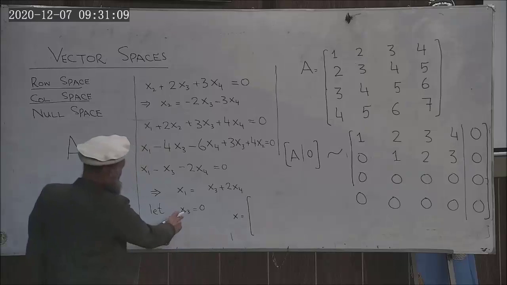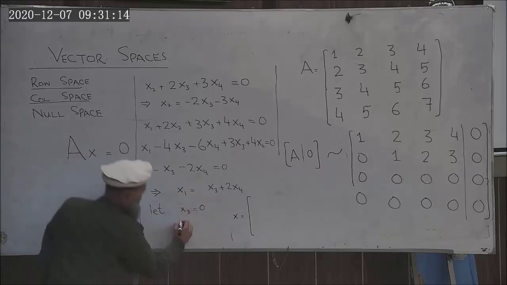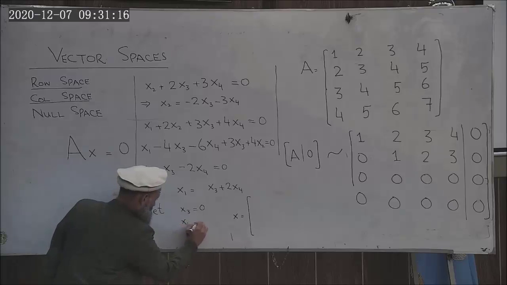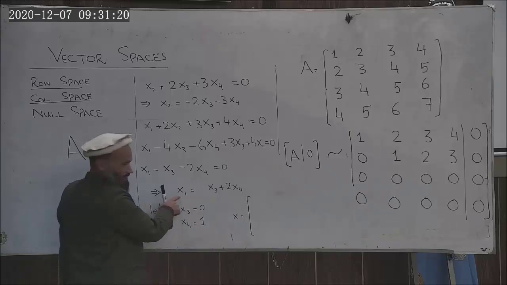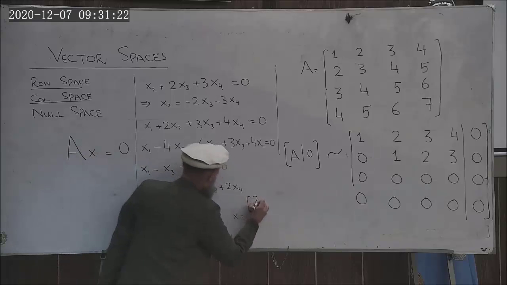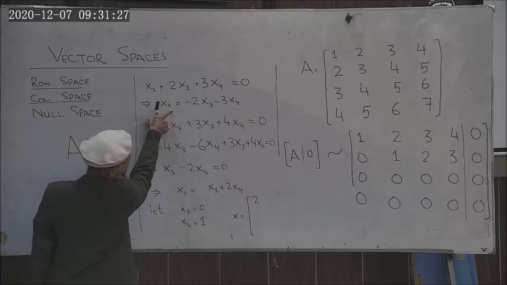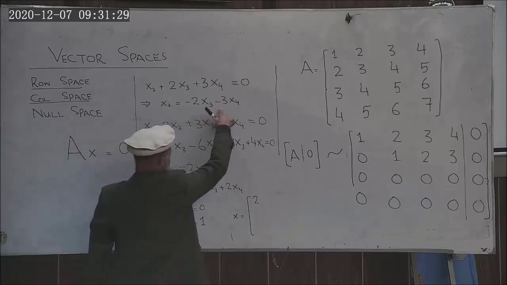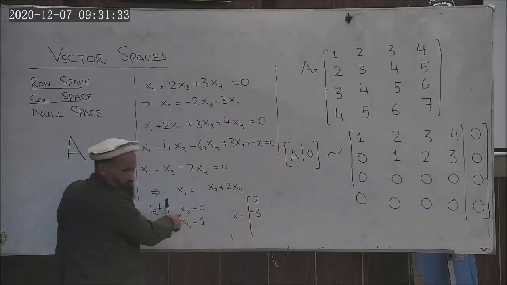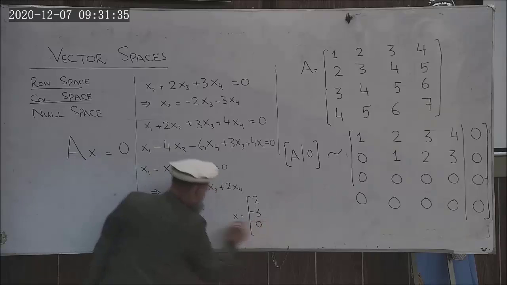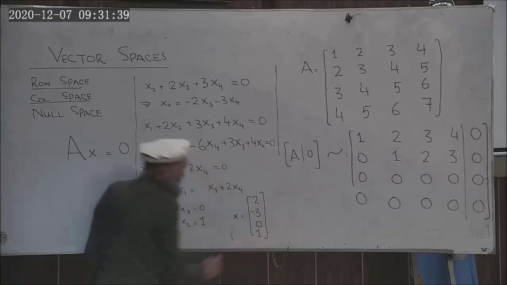If x3 is equal to 0, what will be x1? And let's take x4 equal to 1. So then x1 will be equal to 2, and x2 is equal to minus 3. x3 we have taken it to be 0, and x4 we have taken it to be equal to 1.